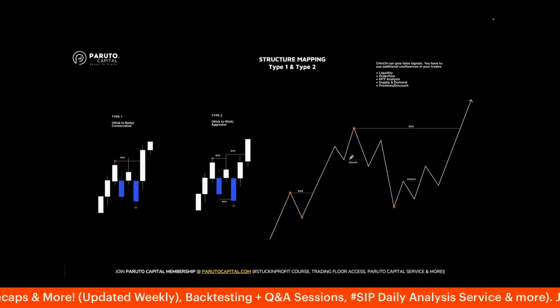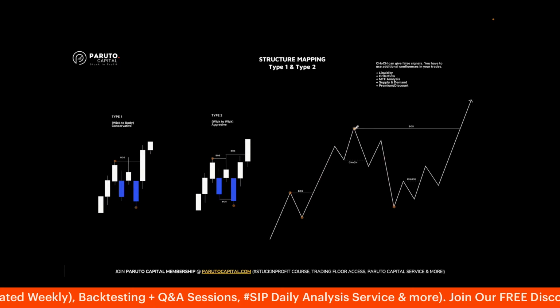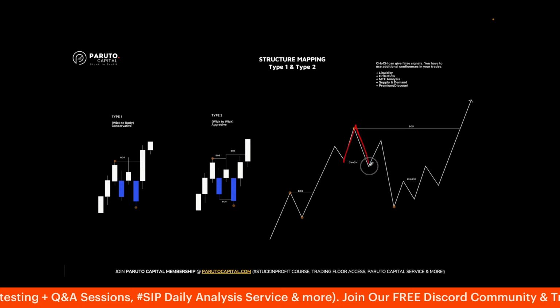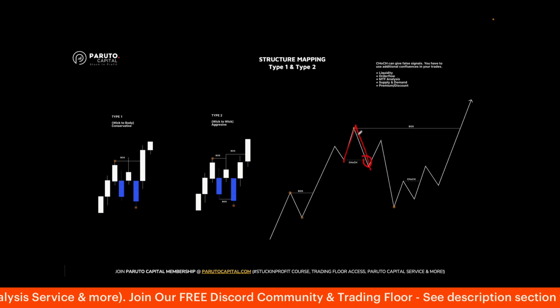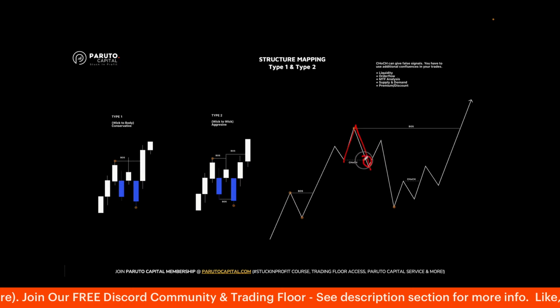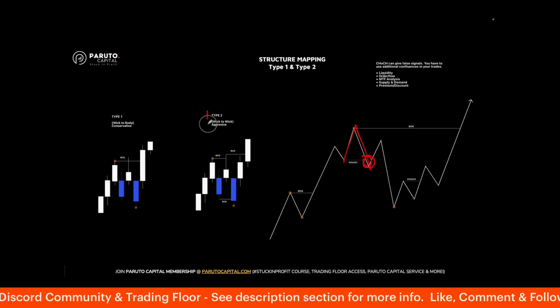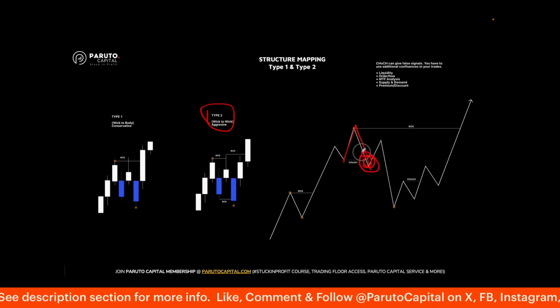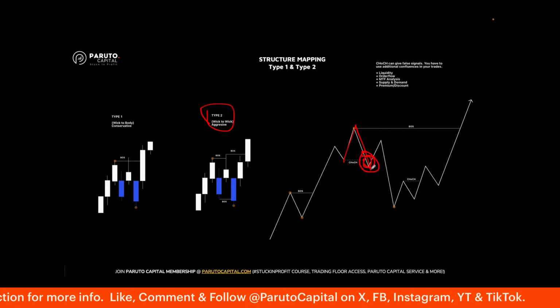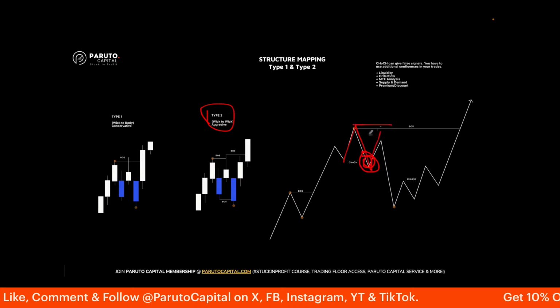And then for the change of character, maybe just a wick coming in here is enough to say, hey, maybe this move up is beginning to slow down. And then I can use the type 2 mapping in some instances to say, hey, I'm willing to see this as a change of character and expect that the market will pull back here and respect this zone.